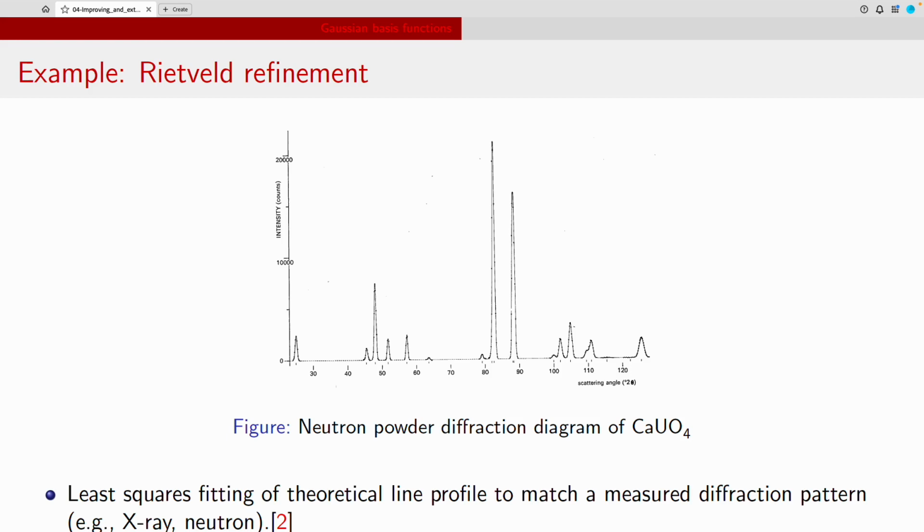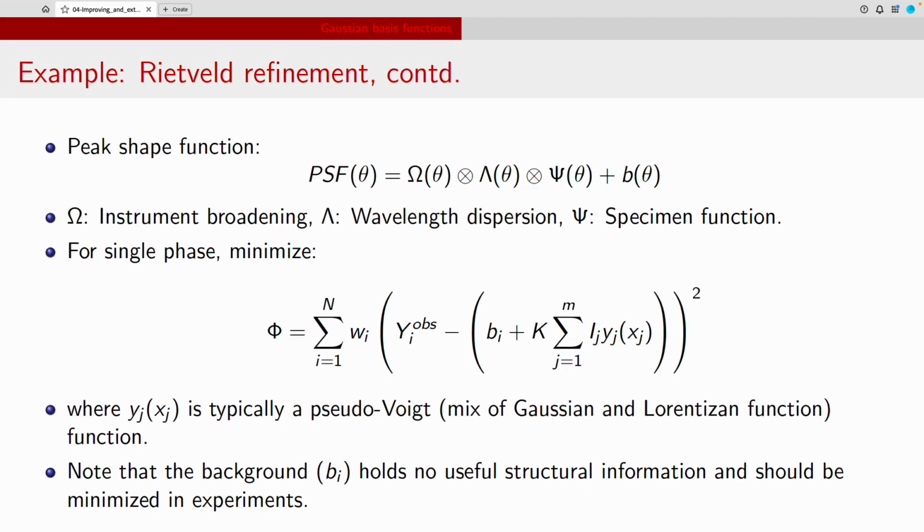In Rietveld refinement, essentially you fit a set of Gaussian basis functions to this measured X-ray diffraction pattern, and then you look up the database and compare the pattern to whatever is known in the literature, and hopefully you find, oh, this actually looks something like copper calcium uranium oxide 4. Okay. So this is how it works.